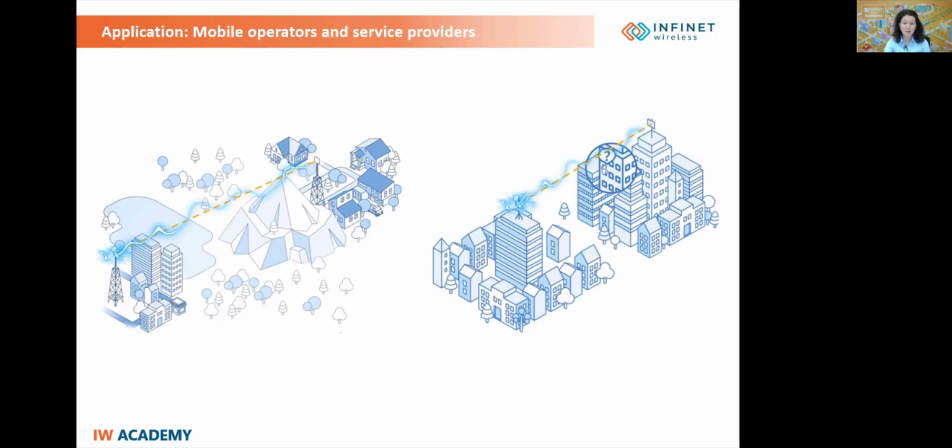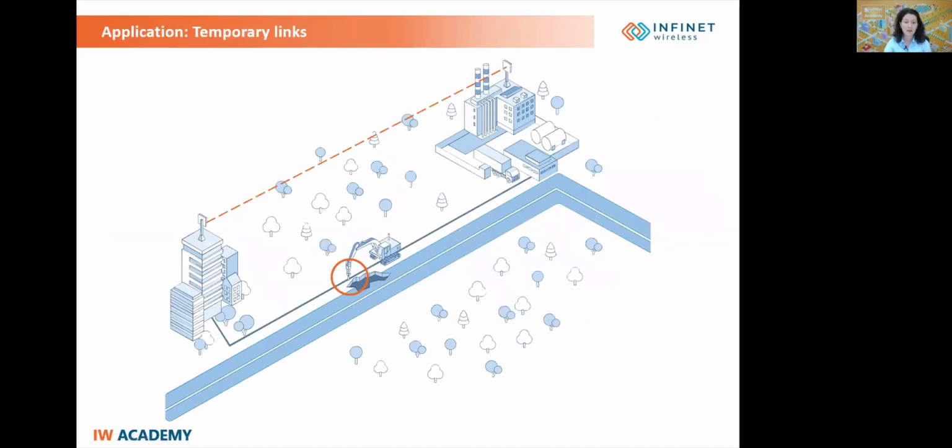Thanks to the low latency and jitter, along with the vast networking features set, Quanta 5 offers support for triple play services, which is very useful in this particular case. Temporary links which serve a specific task or event can easily be implemented using Quanta 5 equipment.